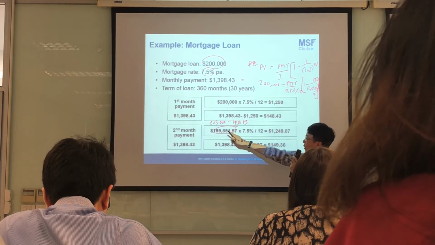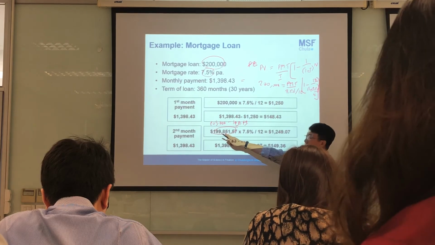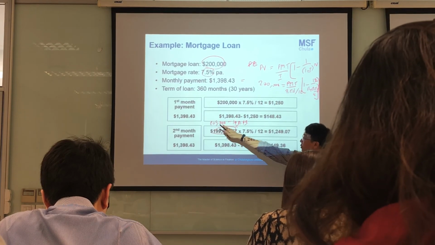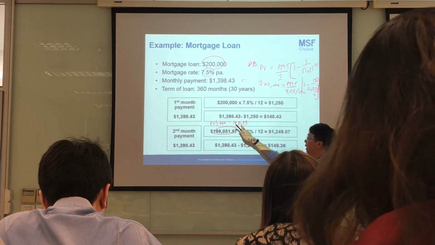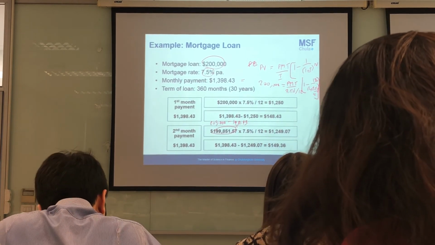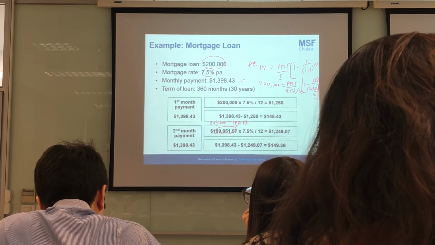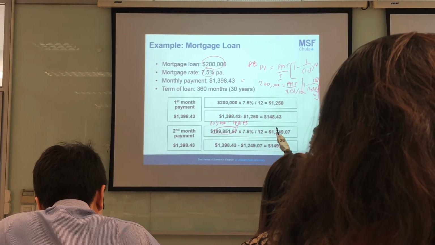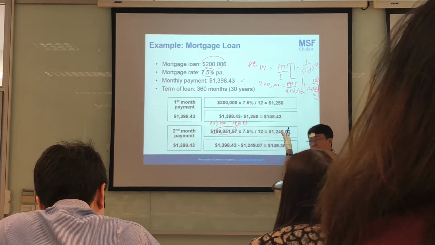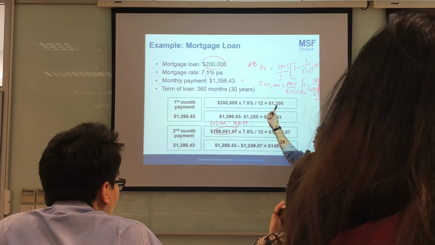So at the end of month 1, or the beginning of month 2, your loan outstanding would be this amount, the beginning balance minus the principal repayment. And do the same for the second month. However, the interest for month 2 will be slightly lower than month 1. Month 1 the interest is 1250.